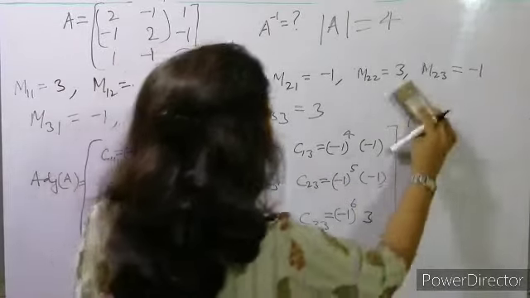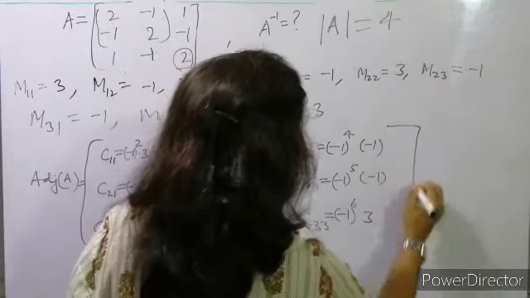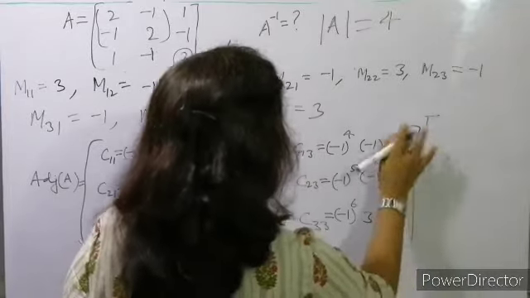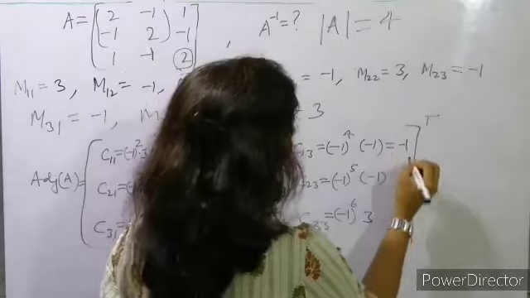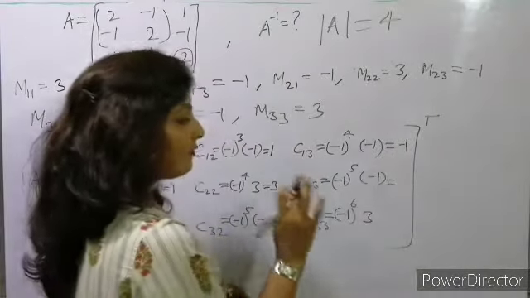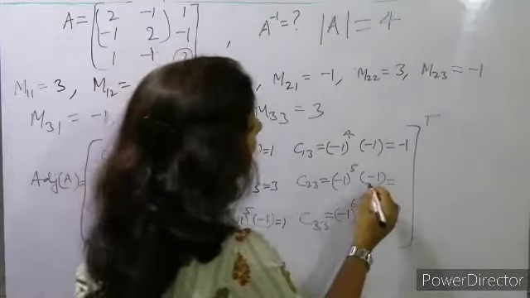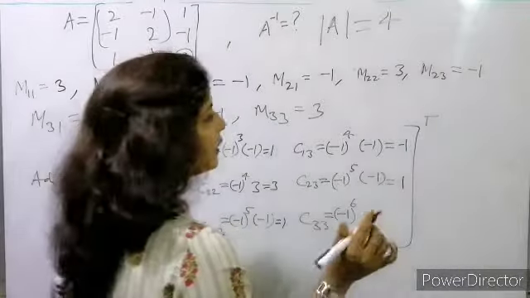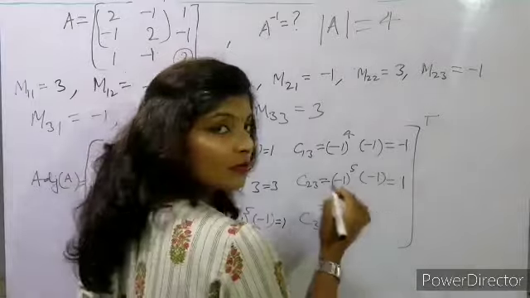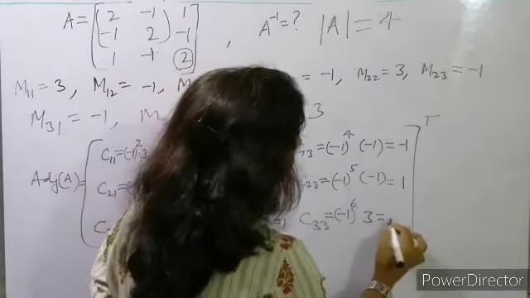Now minus 1 to the power 4 plus 1 into minus 1. Minus 1 to the power 5 will be minus 1, and into minus 1, 1. Minus 1 to the power 6 will be plus 1, and then 3.